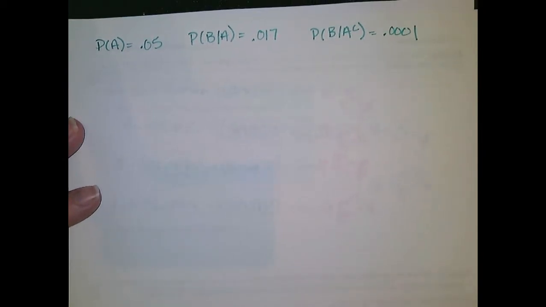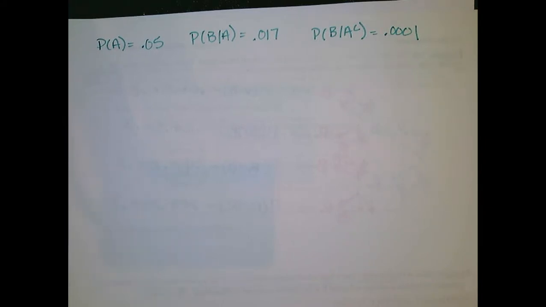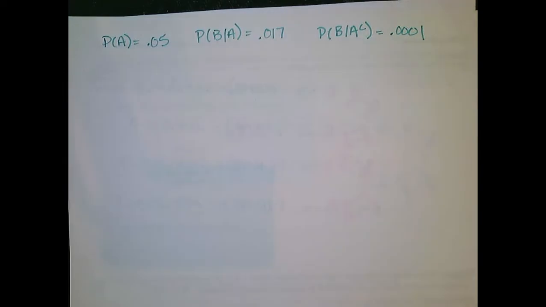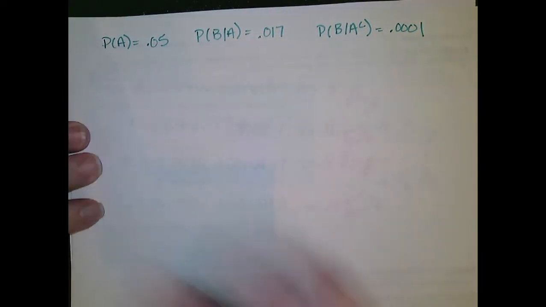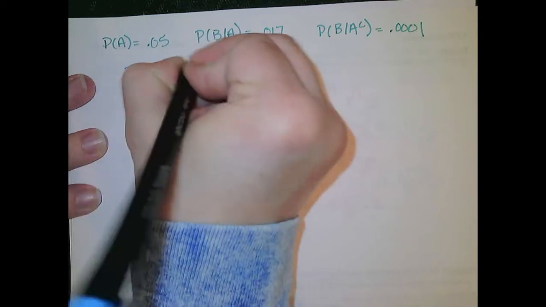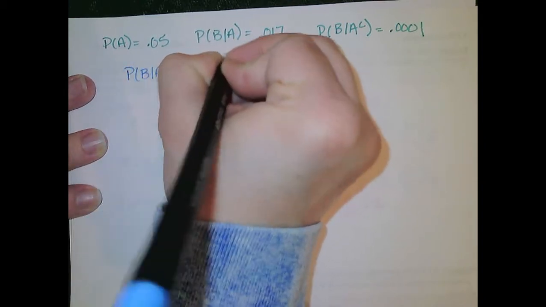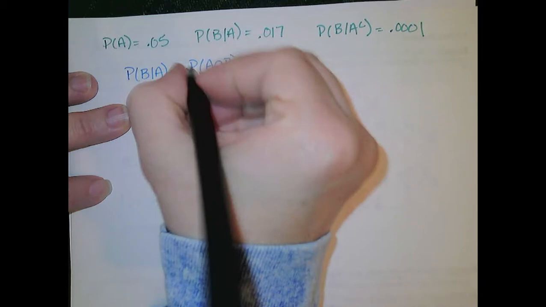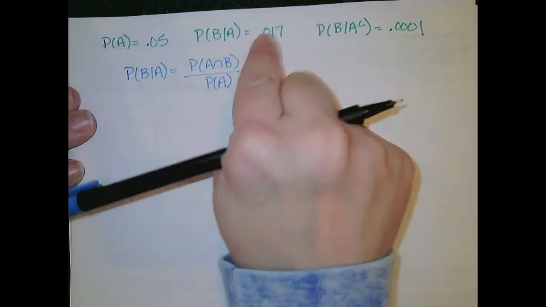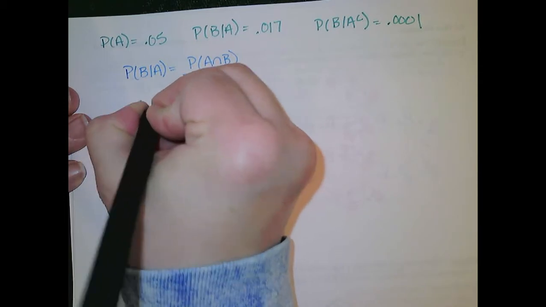Well, if I go back to my conditional probability formulas, I'm going to start with this B given A. The probability of B given A is the probability of both A and B divided by the probability of A. Well, I know that the probability of B given A is 0.017.